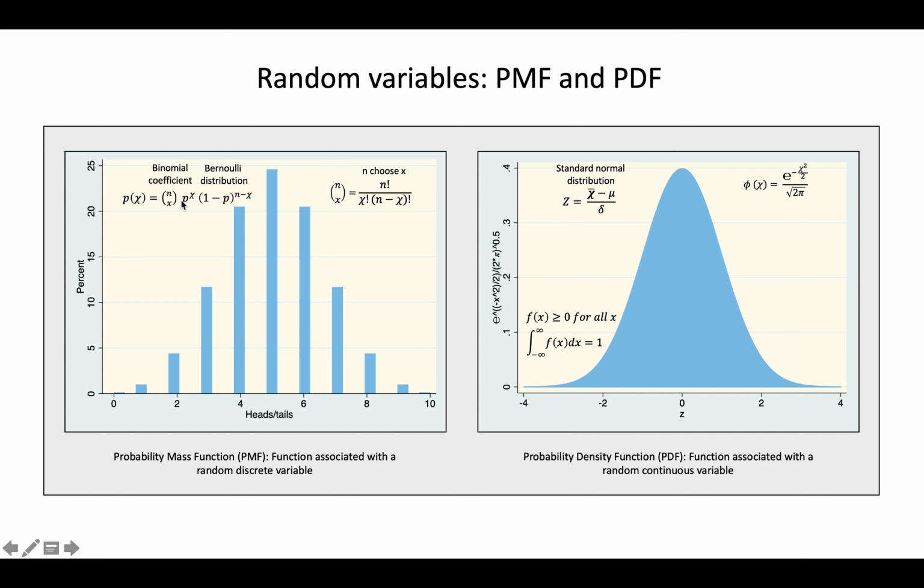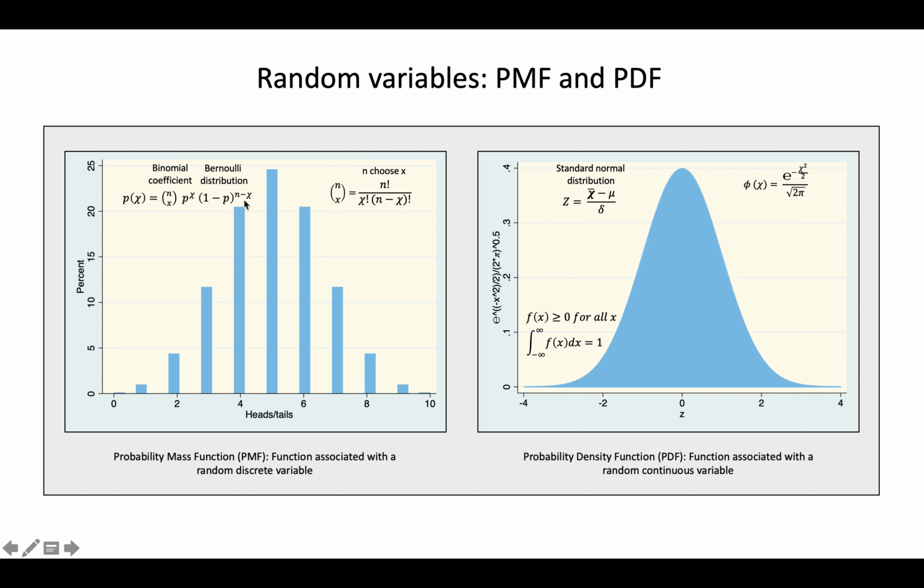For example, if the probability of having a tail is 0.5, obviously the 1 minus p is going to be 0.5 as well, but let's assume that you are having a biased coin. So if the probability of having a head, for example, is 0.3, 1 minus p is going to be 0.7. And again, n is the number of trials, and x is the number of successes.